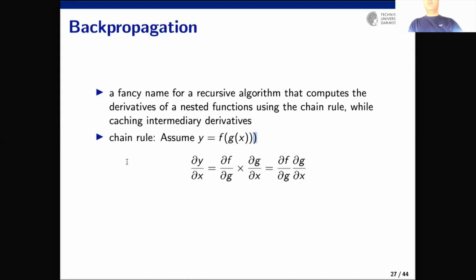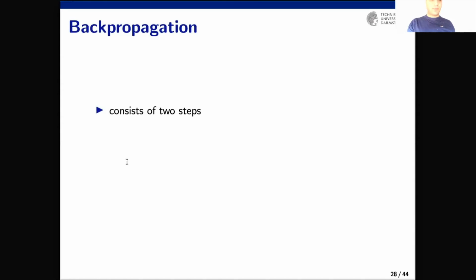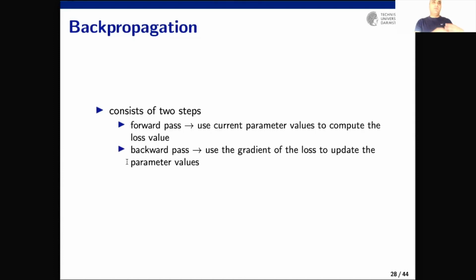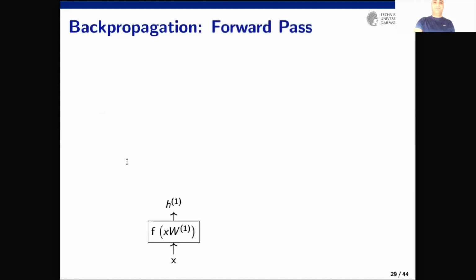And why is this important? Because as we discussed, neural networks are nested functions, so we can use the chain rule to get the gradient of neural networks. So backpropagation consists of two steps: a forward pass, where we use the current parameter values to compute the loss value, and a backward pass, where we use the gradient of the loss to update the parameter values.